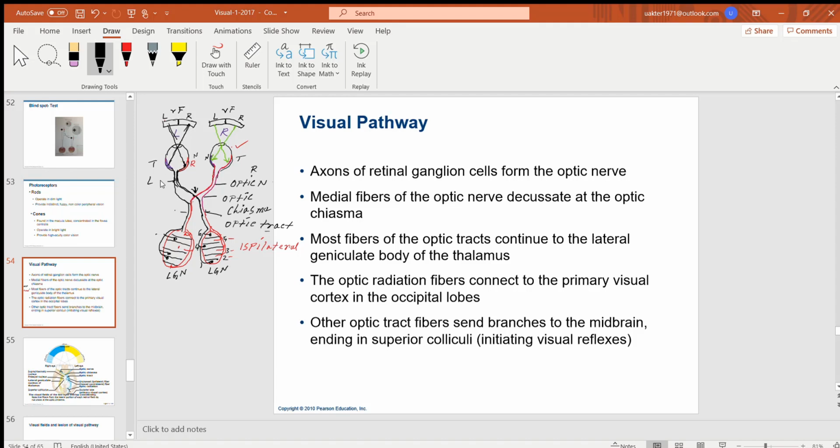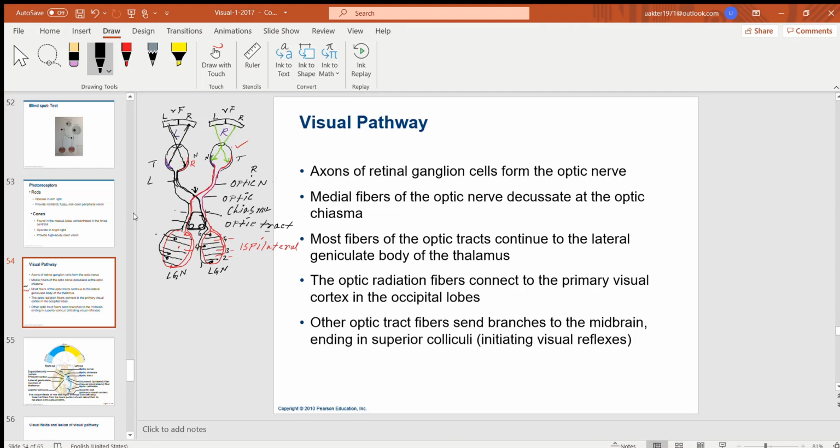Okay, and here something interesting happens. This is the area of your midbrain, and in this midbrain area you have a few important structures. First you have the two superior colliculi in the corpora quadrigemina. You know, in the back of the midbrain you have two superior colliculi and two inferior colliculi.